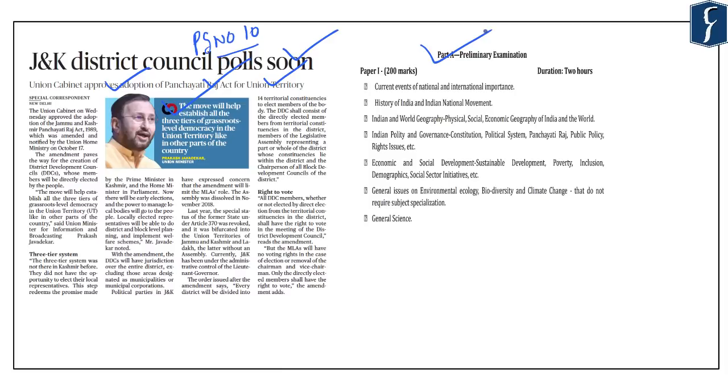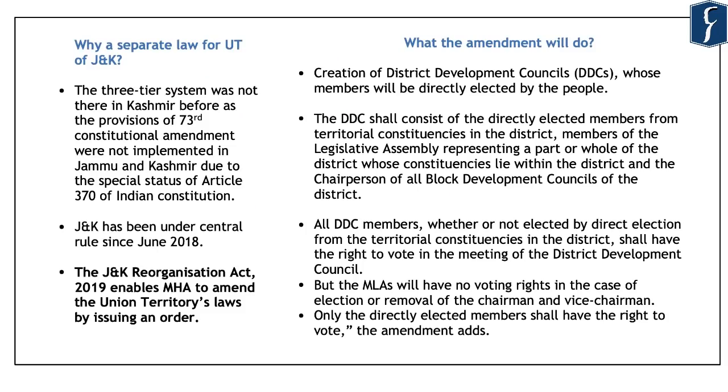So let us understand why there is a separate law for the Panchayati Raj institutions in Jammu and Kashmir, and why the Ministry of Home Affairs has amended this particular act. Even though we had the 73rd constitutional amendment that deals with the Panchayati Raj institutions, the 3-tier system was not established in the state of Jammu and Kashmir.